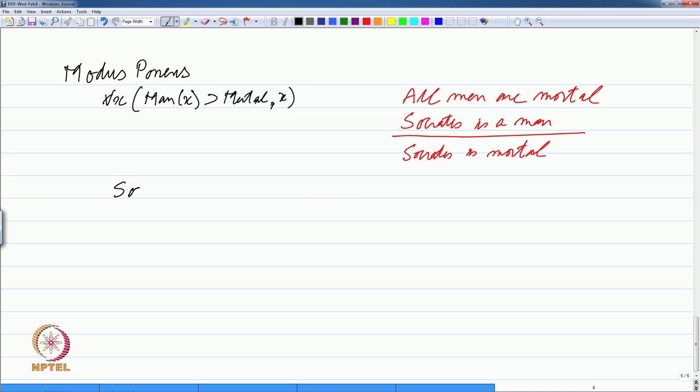Then we are given Socrates is a man, which we express as man Socrates, and we want to infer that mortal Socrates. We were not able to do this in propositional logic, because if you put each of these three sentences as propositional variables, there is no connection that you can see between them essentially. But now we have a richer language, and we have more rules of inference that we can exploit essentially.